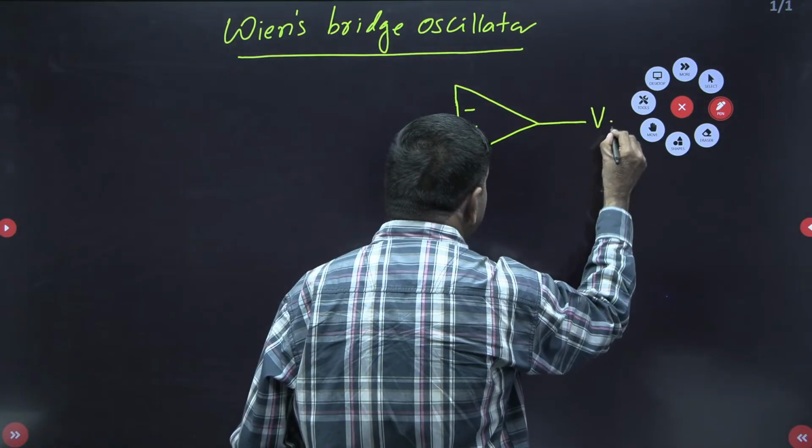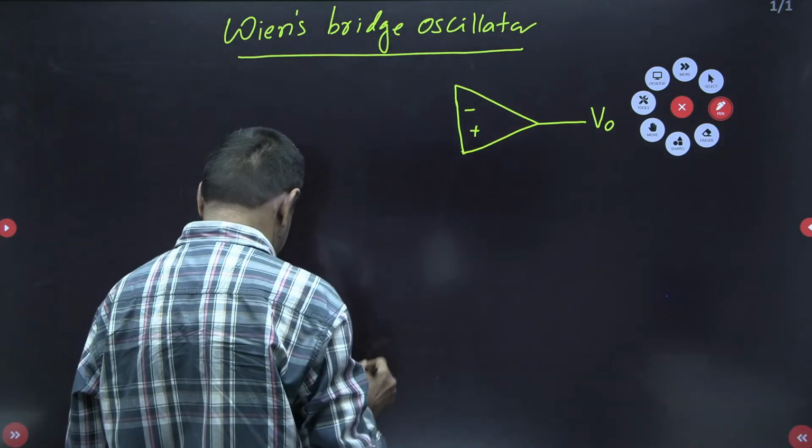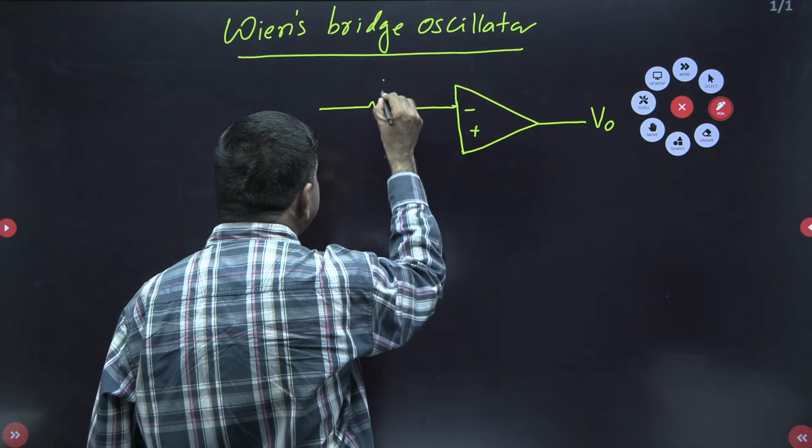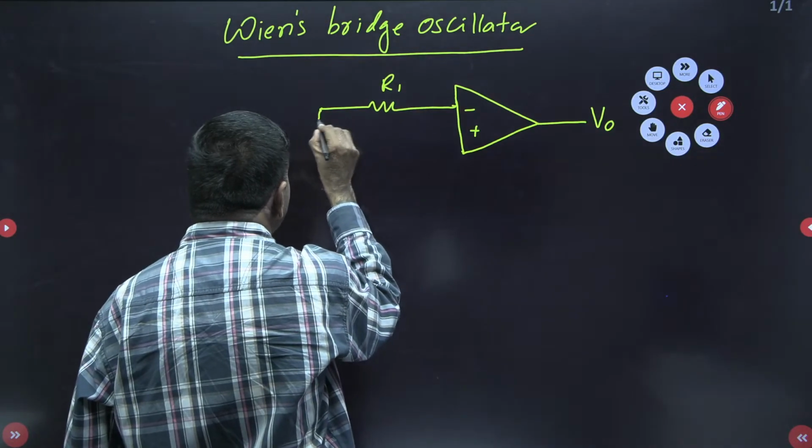This is V naught. R1 is connected here, and this is connected to the ground.